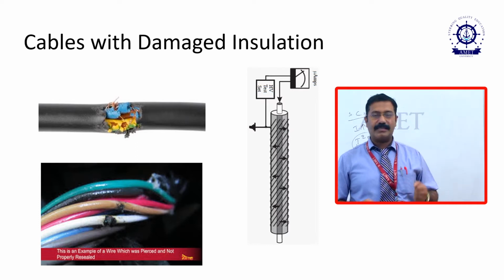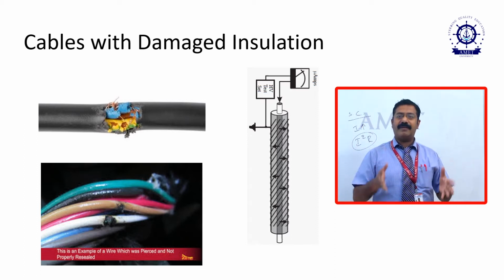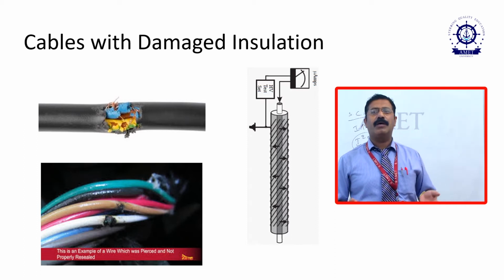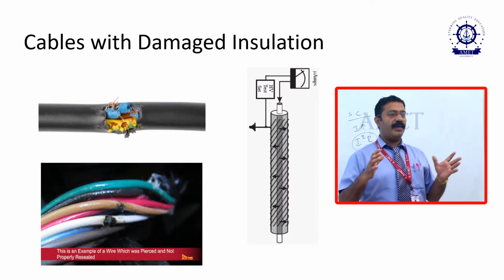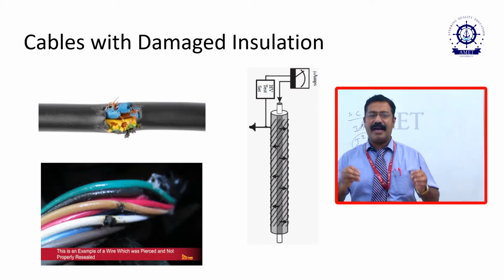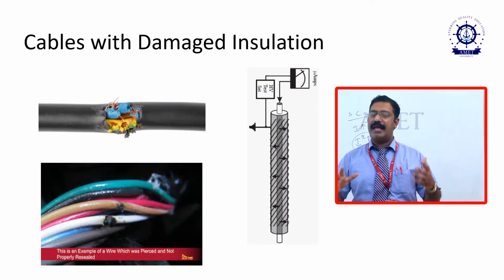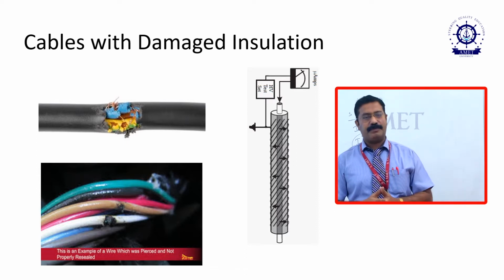But as we are going for a voyage, the power needed in the ship is generated within the ship itself. That means we have the generator or alternator within the ship where we generate the power, and it is distributed and utilized within the ship itself.